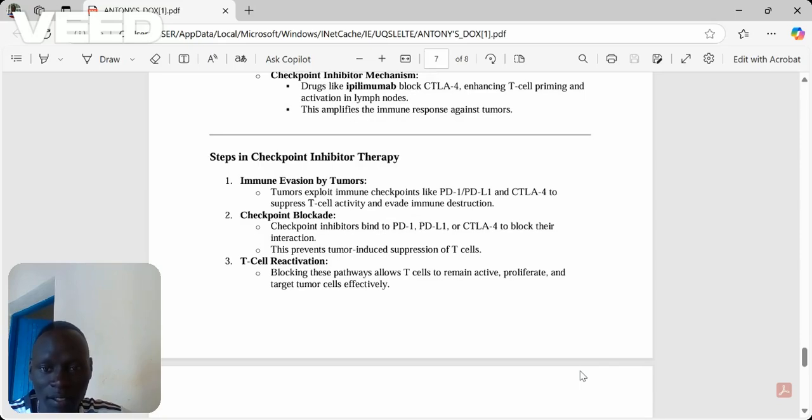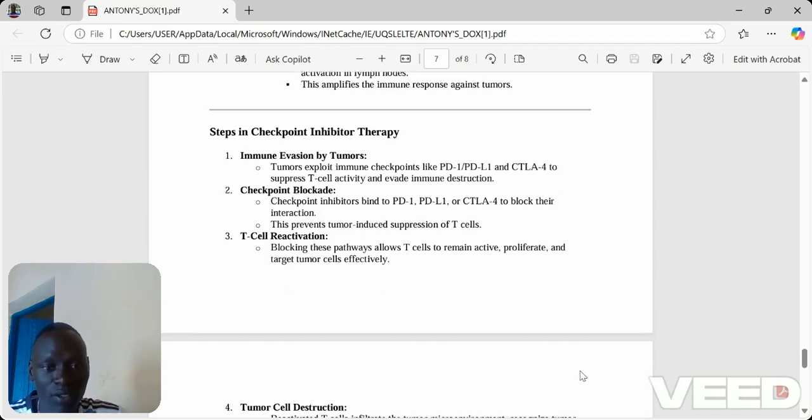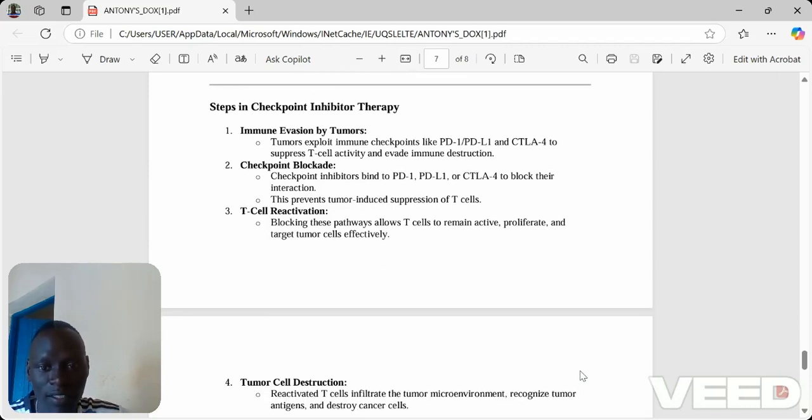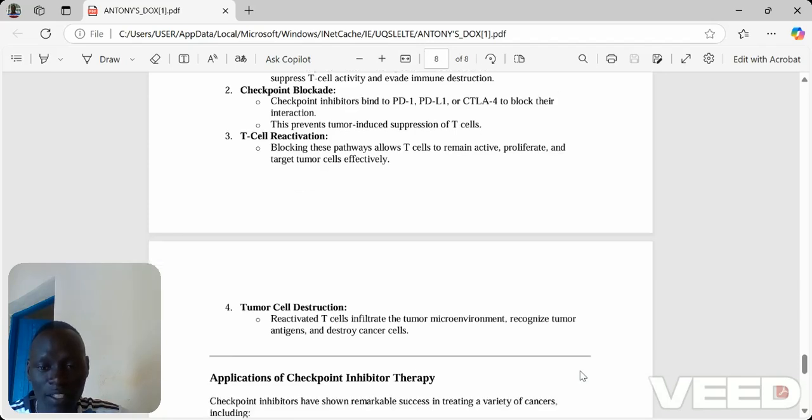Two, checkpoint blockade: inhibitors bind to PD-1, PD-L1, or CTLA-4 to block their interaction. This prevents tumor-induced suppression of T cells. Number three, T cell reactivation: blocking these pathways allows the T cells to remain active, proliferate, and target tumor cells effectively.